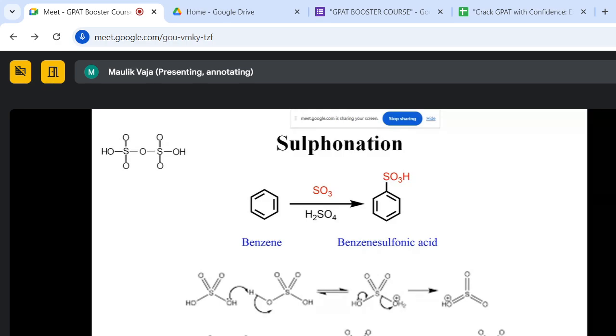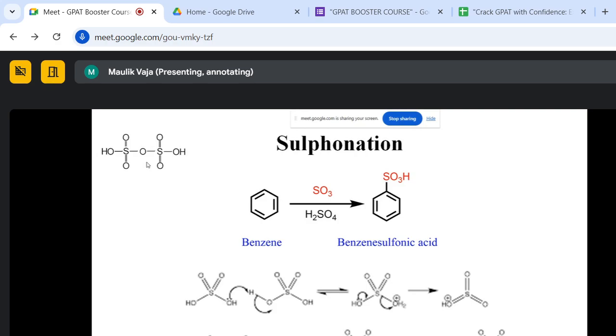Oleum. What is the meaning of oleum? When you keep 2 moles of concentrated H2SO4 together, it will form this structure, and it is called oleum.